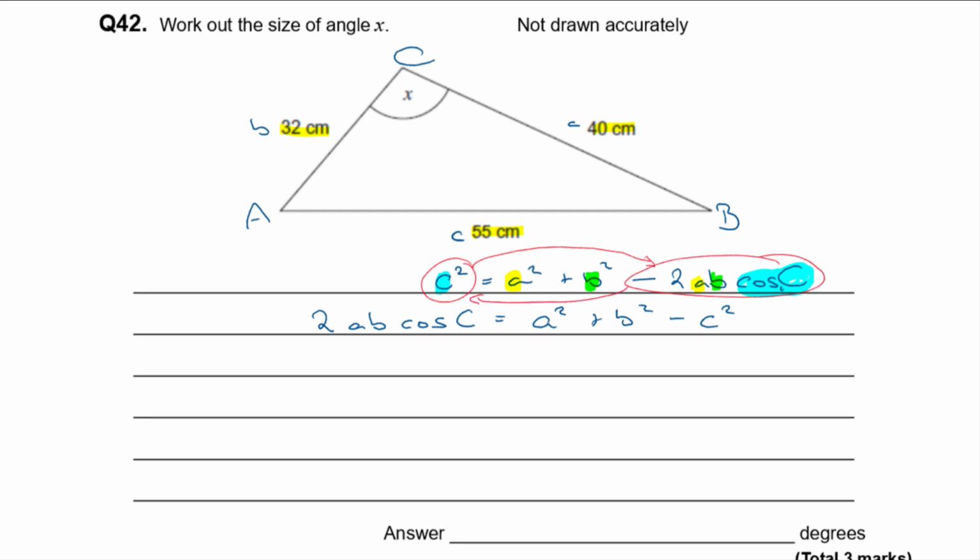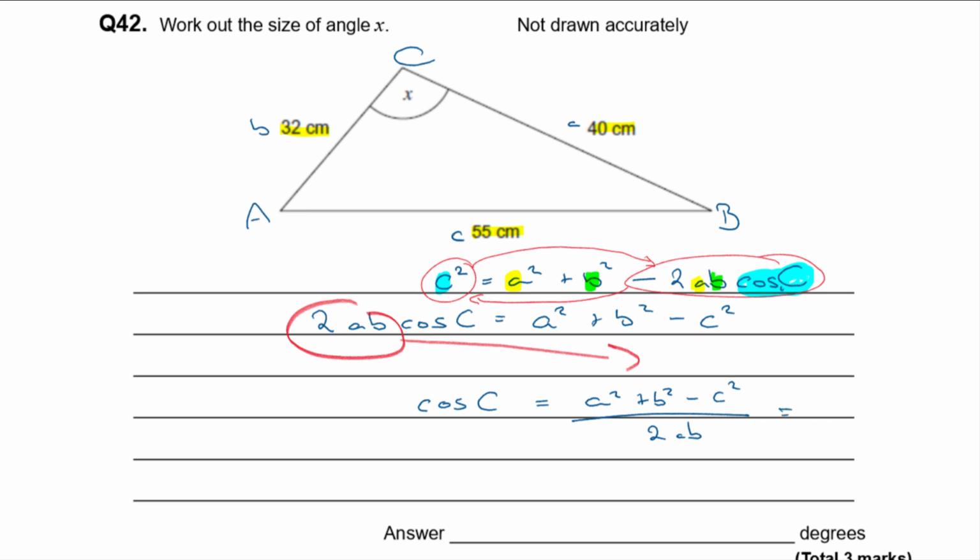Changing sides, the minus 2ab cos c became positive and the c squared became negative. Then I'm going to take this part that's in front of cos c and divide both sides by it, so it ends up moving down there. So I get cos c is equal to a squared plus b squared minus c squared over 2ab. Okay, so that's the formula, and I just need to carefully sub into it now.